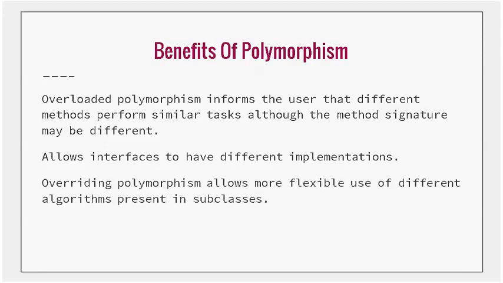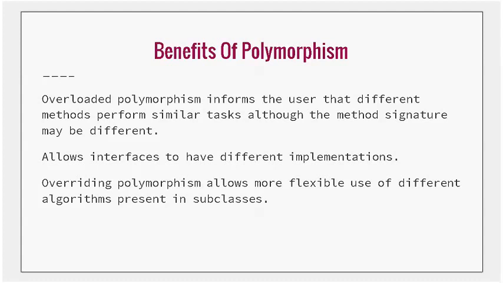Now, overriding polymorphism allows more flexible use of different algorithms present in different subclasses. What this means is that for different complex objects, for example, let's say you have a vehicle class and you have car, two-wheeler or a motorboat extending the vehicle class.